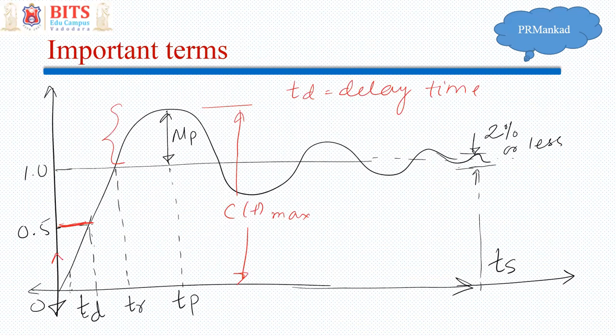This is a standard waveform of a second order time response in the underdamped situation, damping ratio zeta less than 1. We can see over here some very popular terms which are used to define the system response. And why is second order very popular?